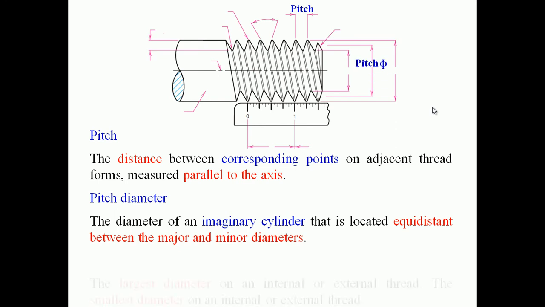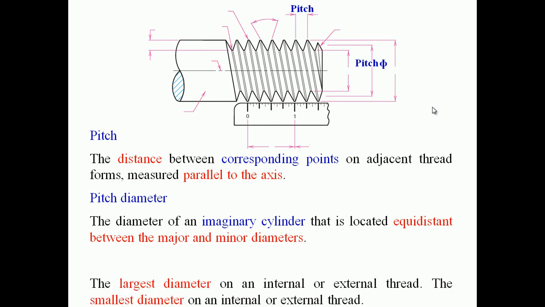Next one is the largest diameter of an internal or external thread. Here I am using an external thread. This distance is known as the major diameter.